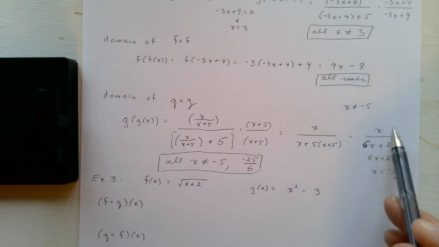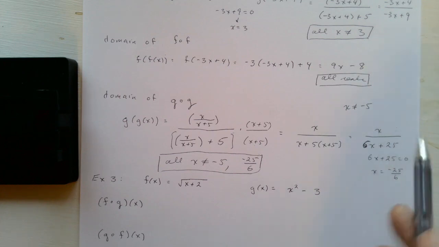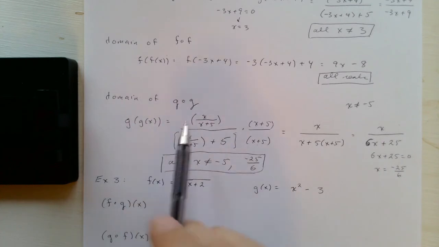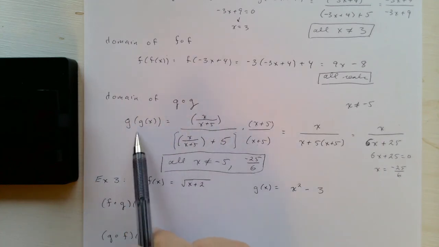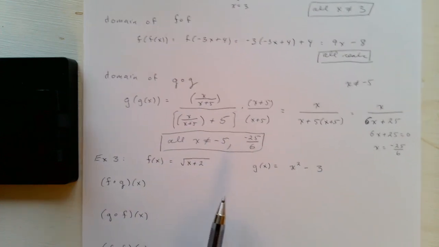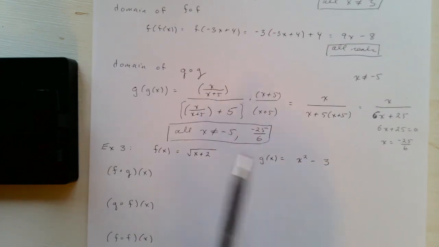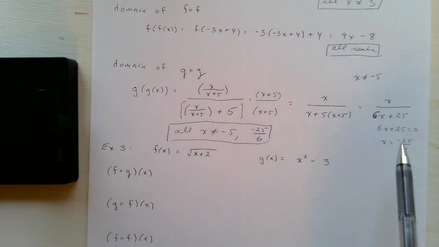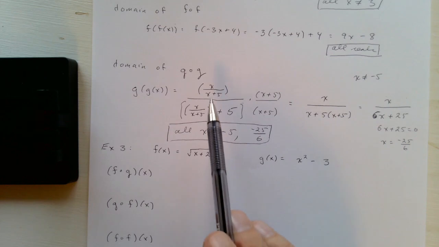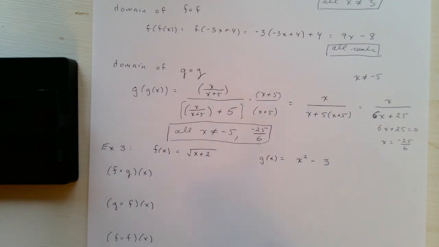Negative 5 is in the domain of this expression, but it's not in the domain of this expression. And this expression is what we're interested in because this represents the composition. So that's a very subtle point. You can't just simplify all the way and then find the domain. You have to make sure that everything is defined.